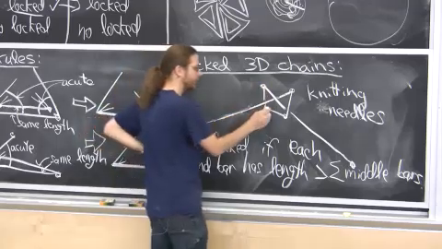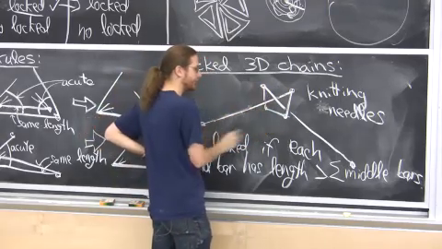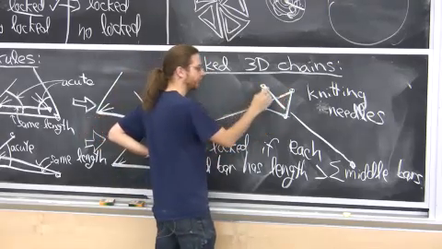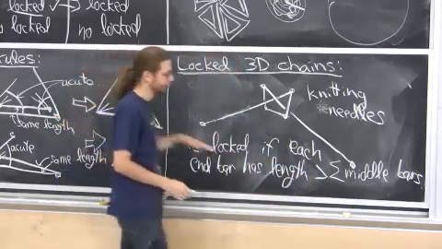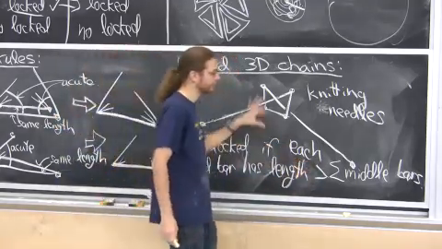So there are three middle bars here. Add up their lengths. It should be shorter than this one, and it should be shorter than this one. That's the cutoff. And I believe once it's the other way around, this is not locked.